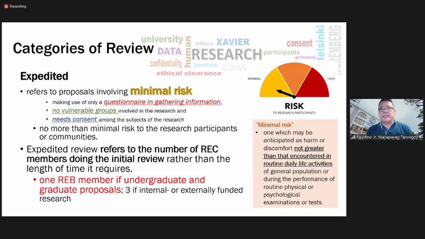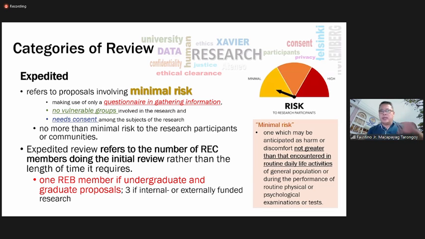For expedited reviews, these refer to protocols which have methodologies that involve minimal risk. What do we mean by minimal risk? Simply a risk that is common, that refers to the level of risk that you normally encounter in your day-to-day living, in your routine daily life activities.